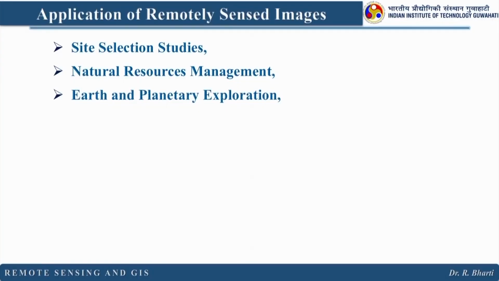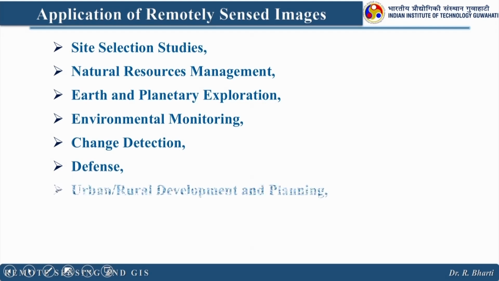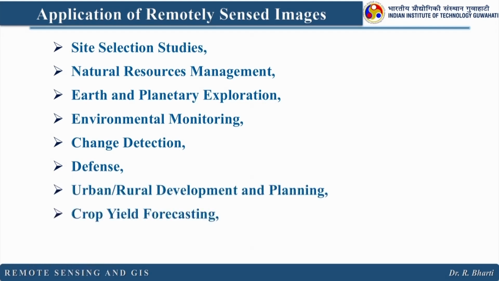So, there are different types of application like site selection studies, natural resource management, earth and planetary exploration, environmental monitoring, change detection, defense related activities, urban and rural development and planning, crop yield forecasting, hazard zonation and disaster mitigation. So, these are few examples.